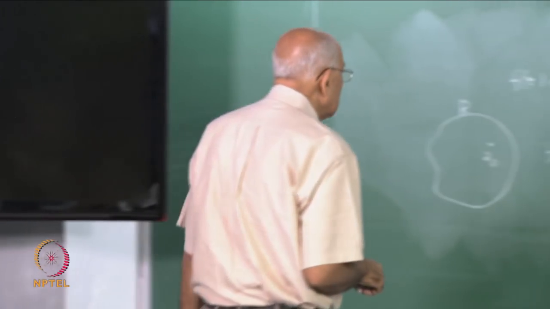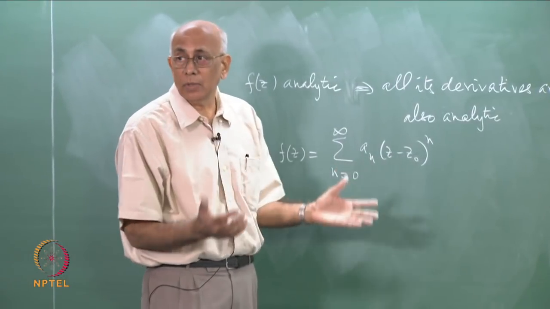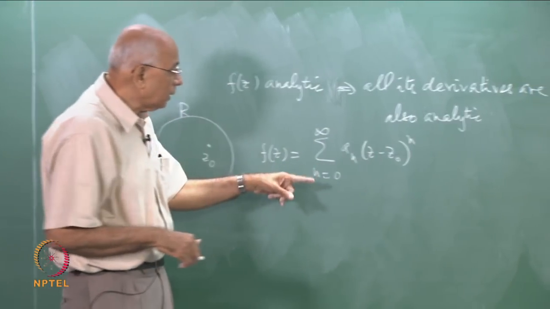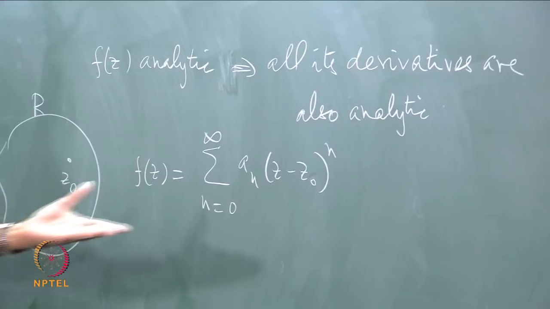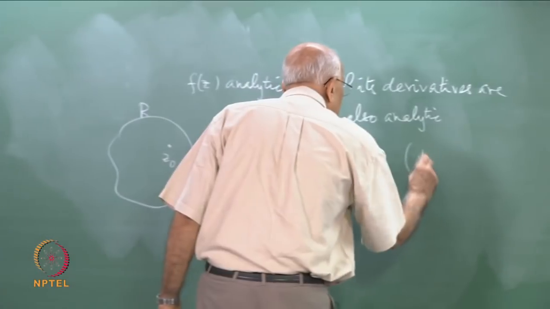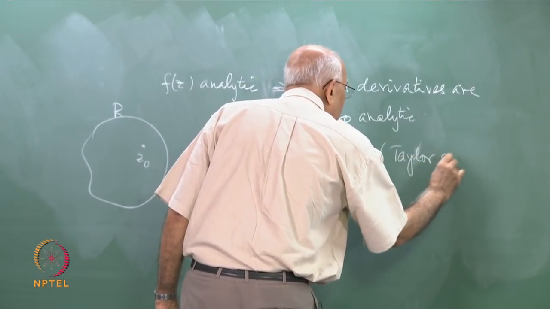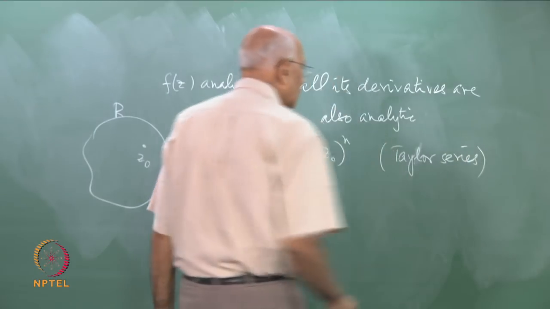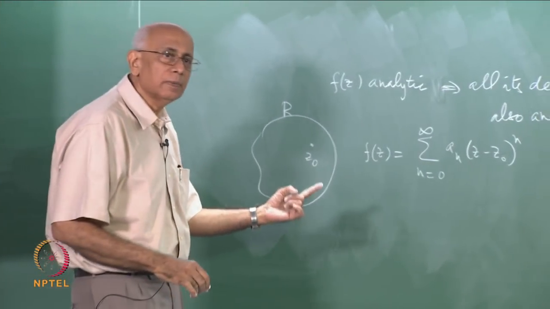Okay. The question arises as to the convergence of this series, where it converges and so on, but before that we need to write down what this a sub n is. What do you call such a series, by the way? It is a Taylor series, right? And what is the inverse formula for this Taylor series?